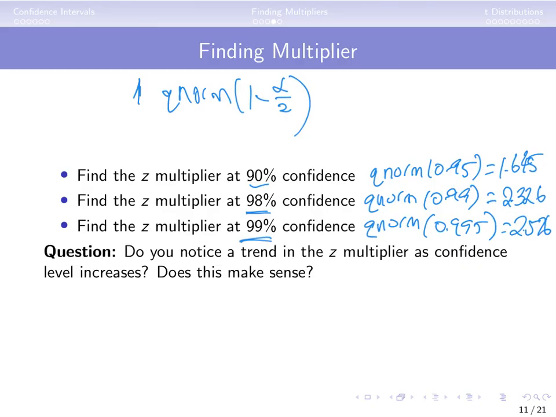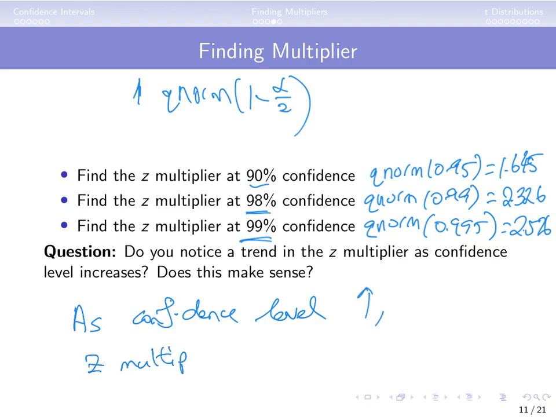So I wrote over here, do you notice a trend in the z multiplier as confidence level increases? You notice as confidence level increases, the z multiplier also increases, right?